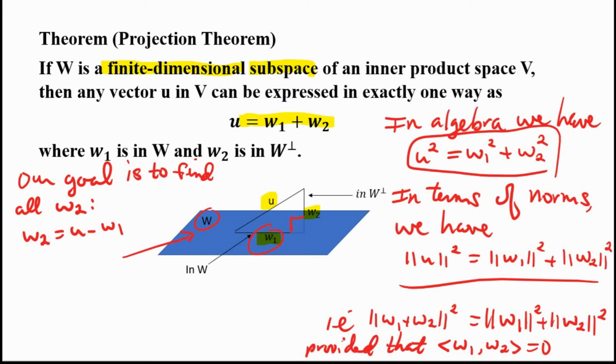And the W sub 1 becomes the projection. So see if we can write it out. W sub 2 is equal to U minus the projection of U onto this space W. And we'll do that if you have n vectors in the process according to Gram-Schmidt.